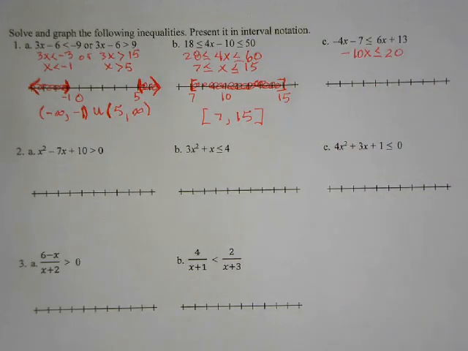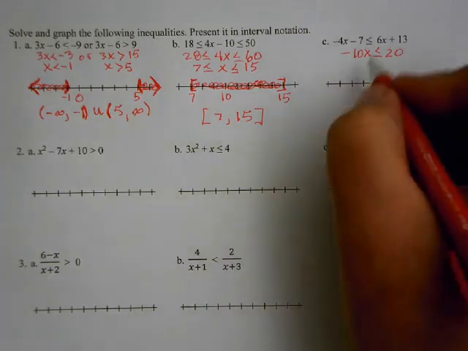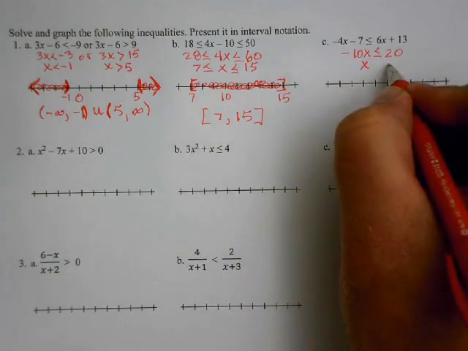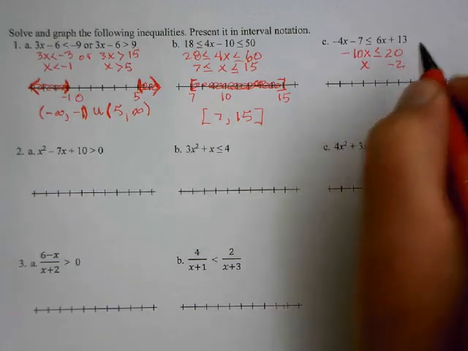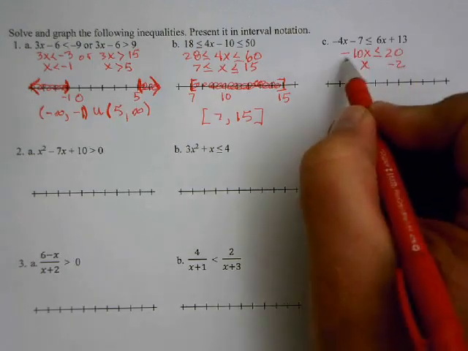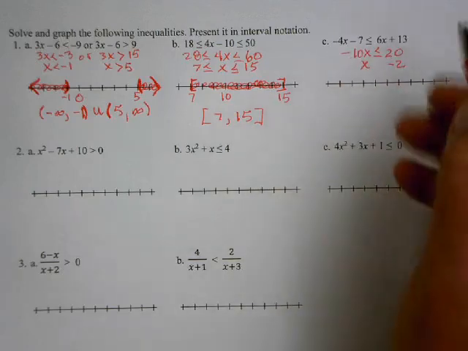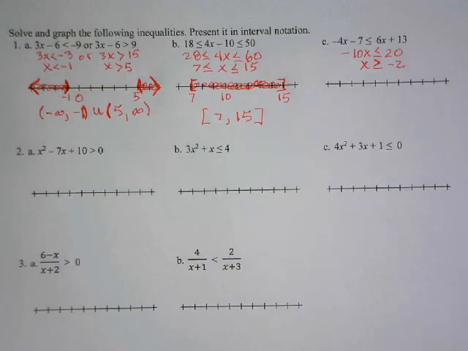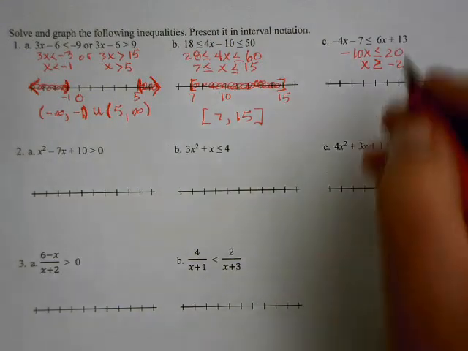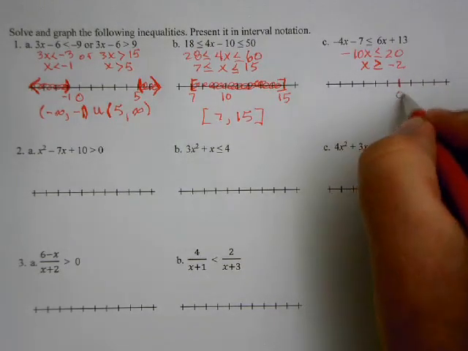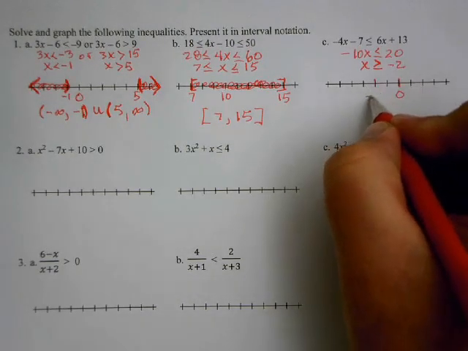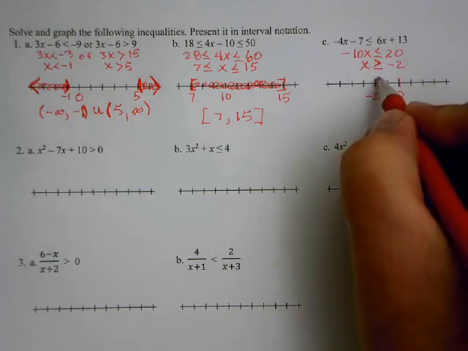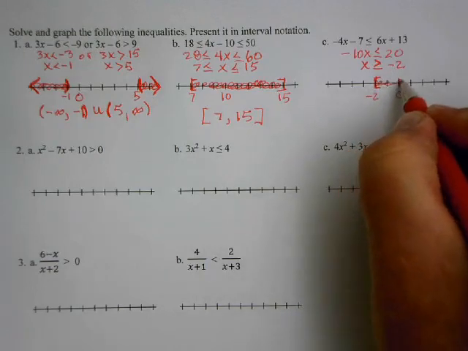Divide both sides by the negative 10, and over here I'm going to have negative 2, but because I either multiply or divide, in this case divide by a negative number, I have to flip the inequality. So again, pick some spot. Here's my 0, which means there's my negative 2. This has a line underneath, so it's or equal to, and my arrow is going to go that way.